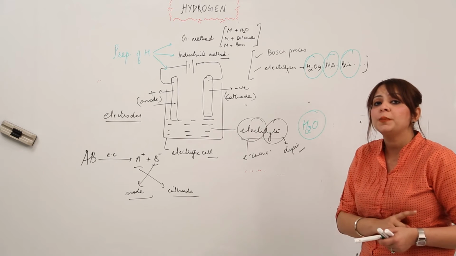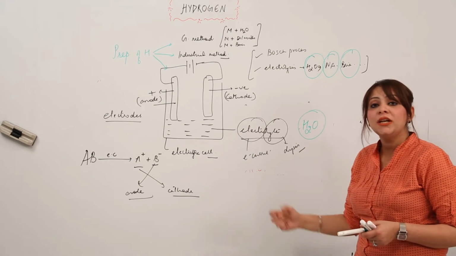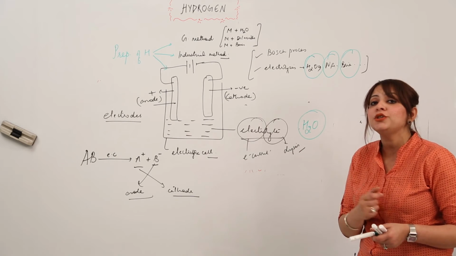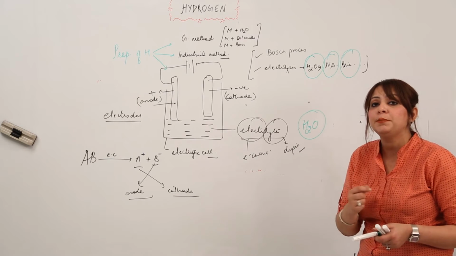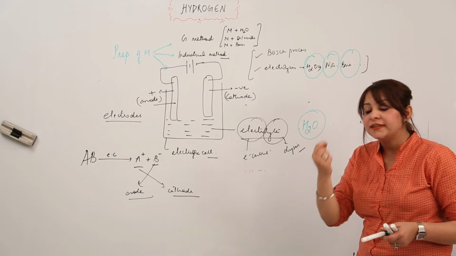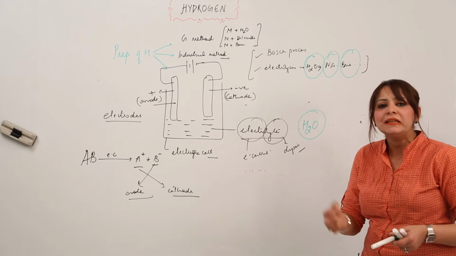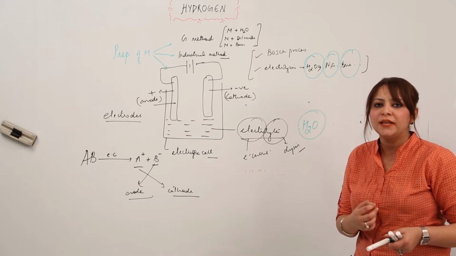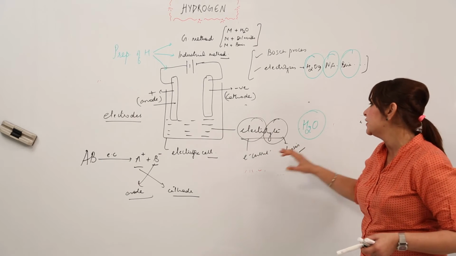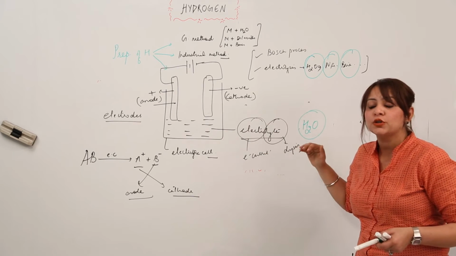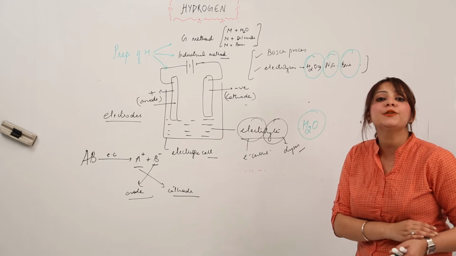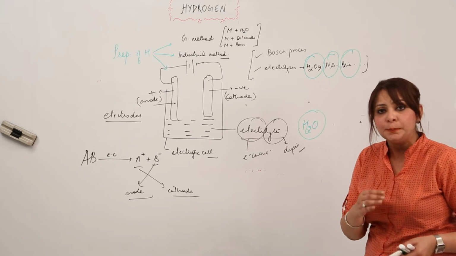One more important thing, you know that distilled water is a poor conductor of electricity, right? So if you wish to obtain hydrogen by electrolysis from water, you cannot use distilled water. We need to make it impure by adding a pinch of salt or a few drops of acid to it, or any other impurity. If we add this substance, the water becomes a good conductor, and then it dissociates into ions when electric current is passed through it.